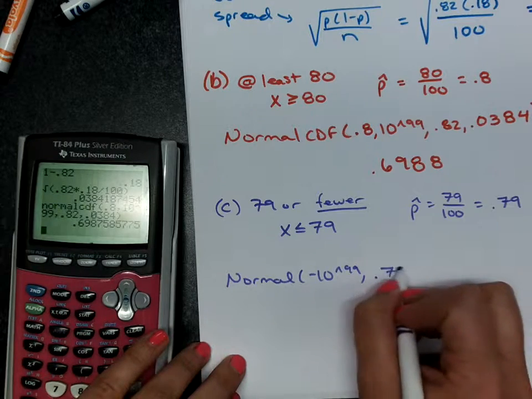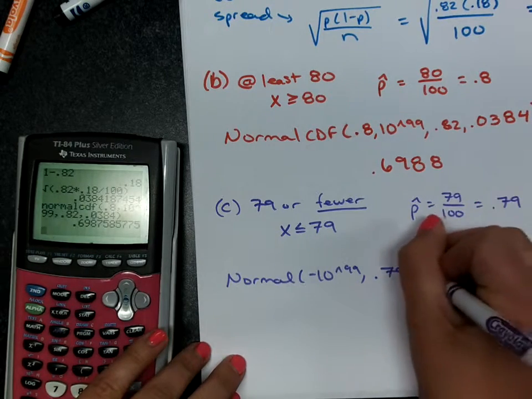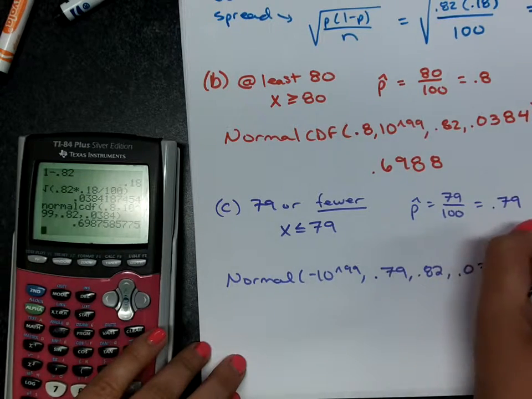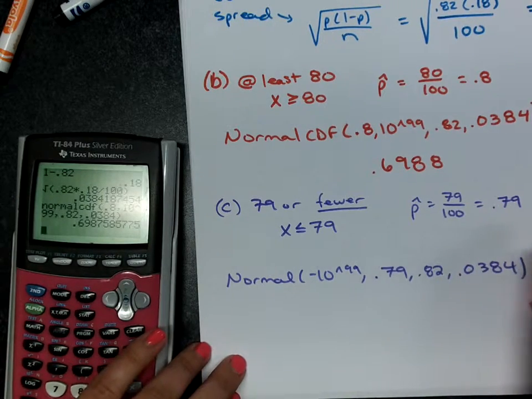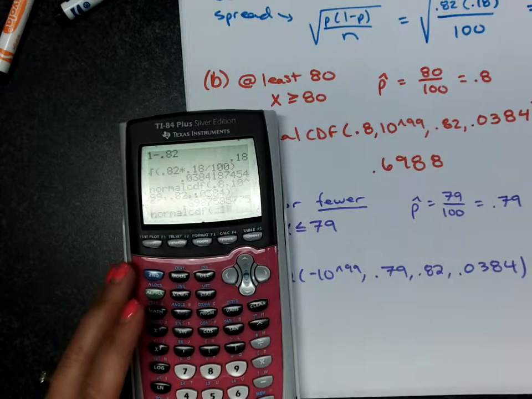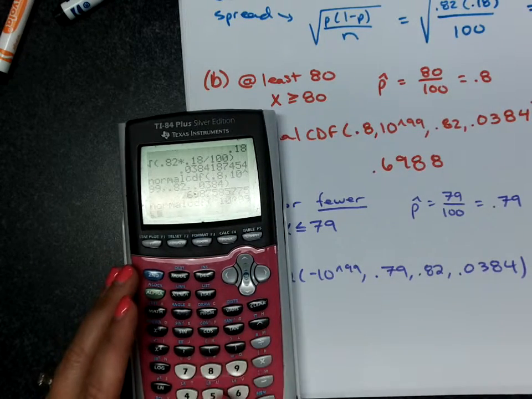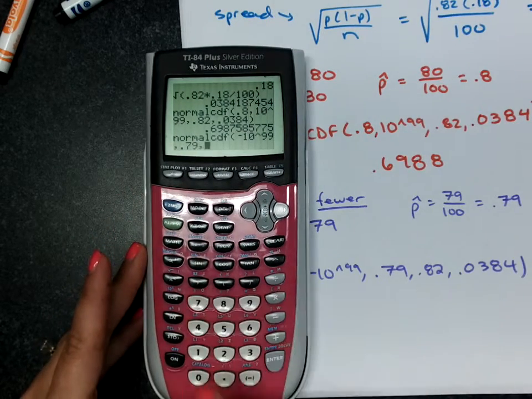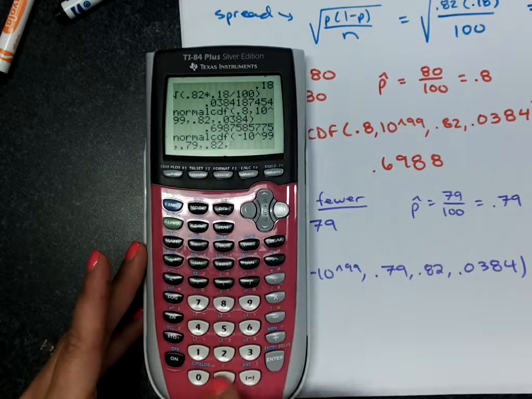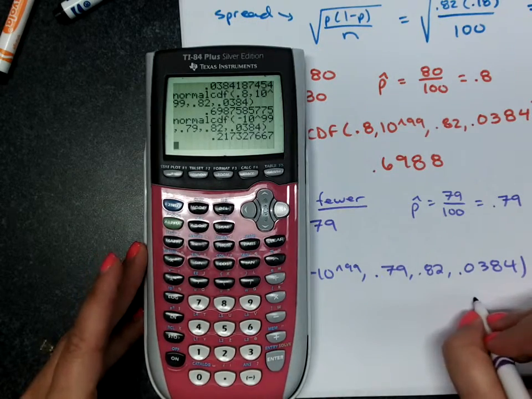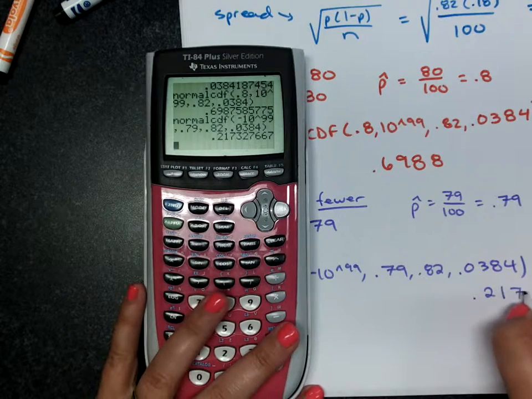My upper bound is 0.79. My mean is still the same, 0.82, and my standard deviation is still 0.0384. Run that, normal CDF, negative infinity, 0.79, 0.82, and 4 digits for the standard deviation gives you 0.2173.